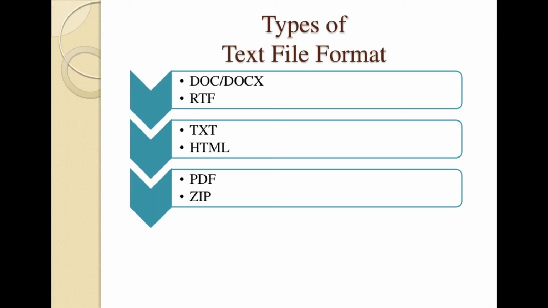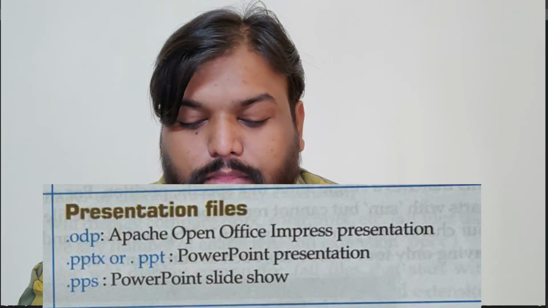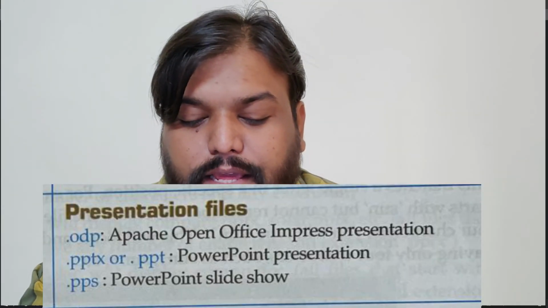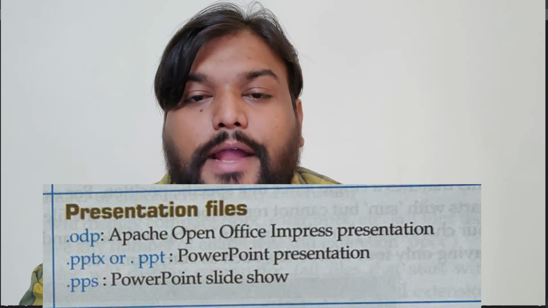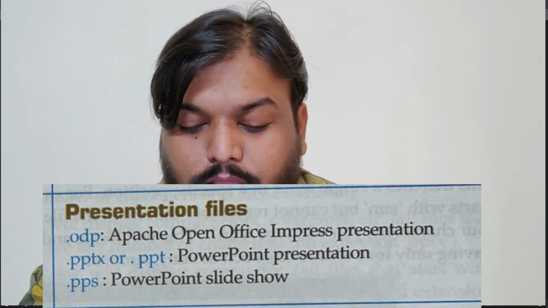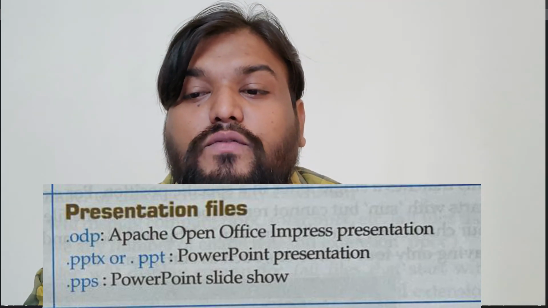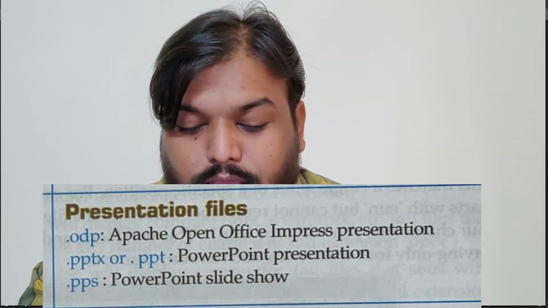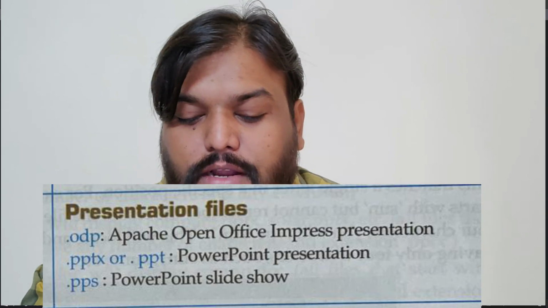Then we have word processor: .odt or .docx or .doc. Then you have presentation files: .odp, then .pptx, .ppt. The most common and widely used is .pptx or .ppt, Microsoft PowerPoint presentation. Then you have .pps, PowerPoint slideshow.